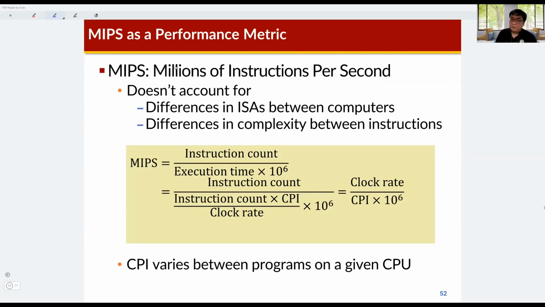And then let's learn about a different type of performance metric called MIPS. MIPS means millions of instructions per second. If we look at the name of MIPS, actually the definition of MIPS, then we can know what MIPS means.